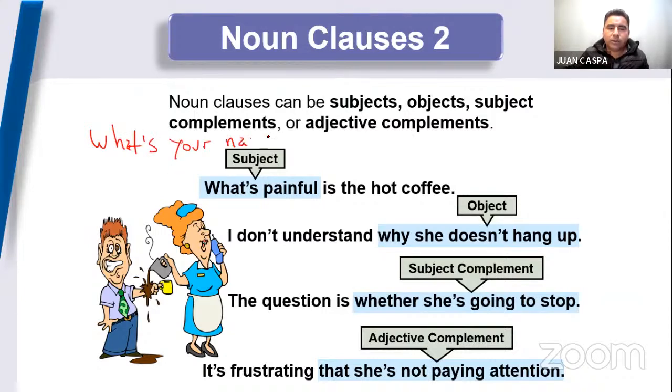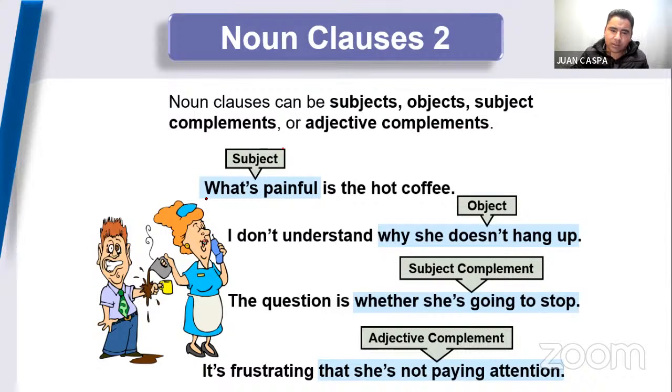But over here, when we say what's your name, it's a question, right? It's a kind of WH question. But over here, not necessarily in a noun clause, we don't need to use it, right?